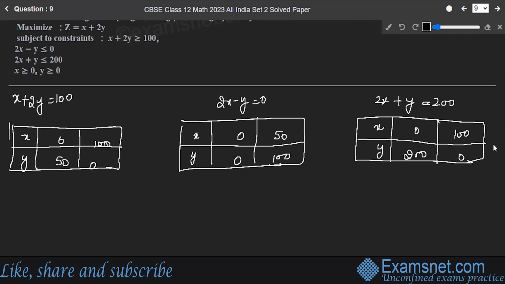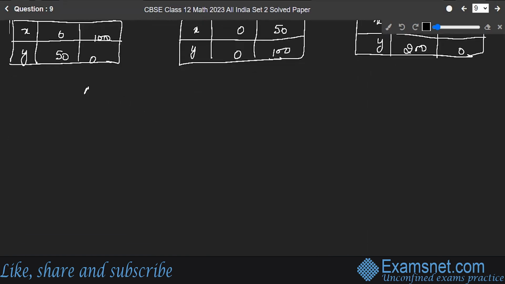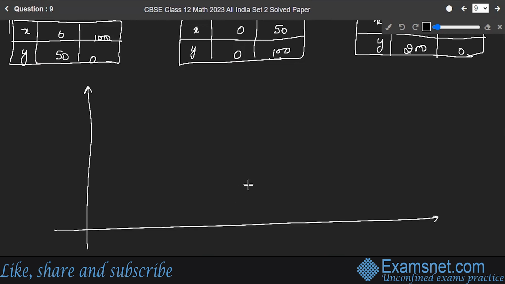Let's plot them on the graph now. So here is your graph. Let's say this is 20, 40, 60, 80, 100, 120, 140, 160, 180, and so on.